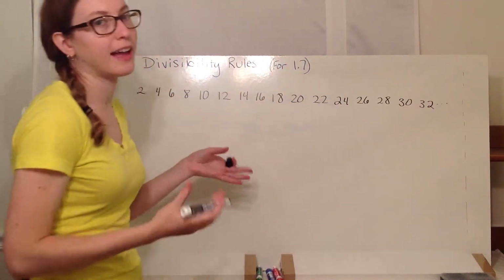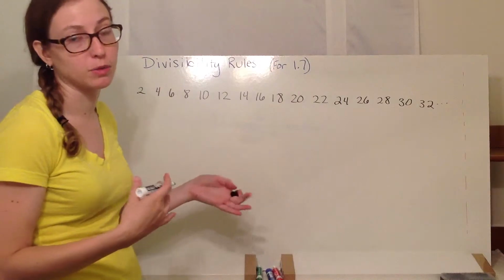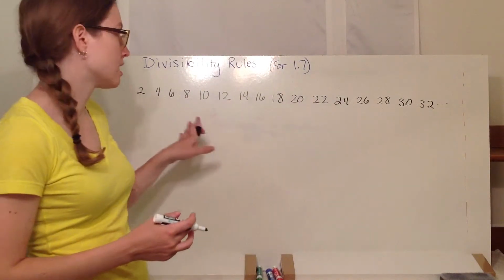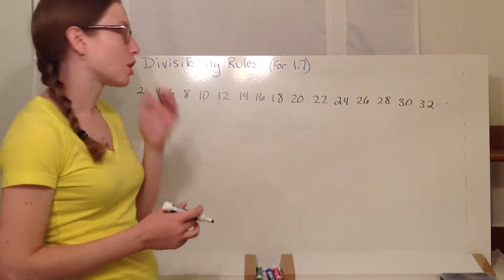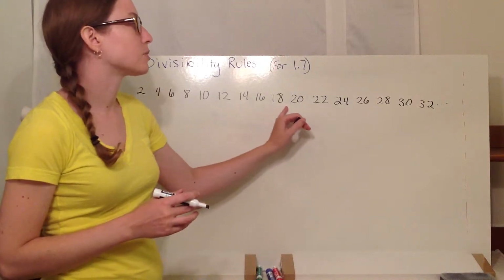That'll go on. Again, this pattern repeats. Just like the 10s, I don't have to show you every multiple of 10 through a million because we know that this is a pattern that's going to continue. The same with the 2s. So 2, 4, 6, 8, 10, 12, 14, 16, 18, 20.